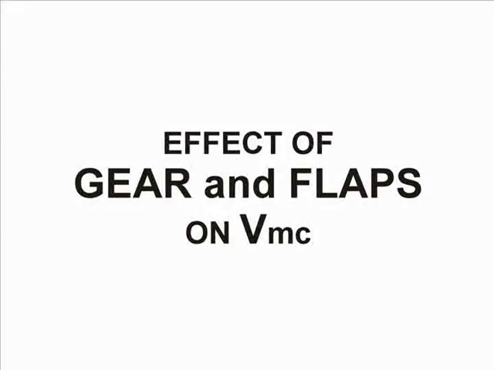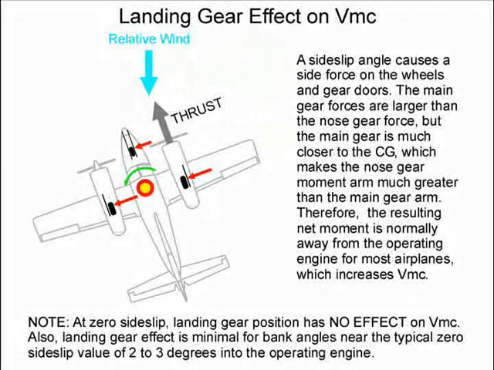Let's see how gear and flaps affect VMC. We will start with gear effects. A side slip angle causes a side force on the wheels and gear doors. The main gear forces are larger than the nose gear force, but the main gear is much closer to the CG, which makes the nose gear moment arm much greater than the main gear arm.